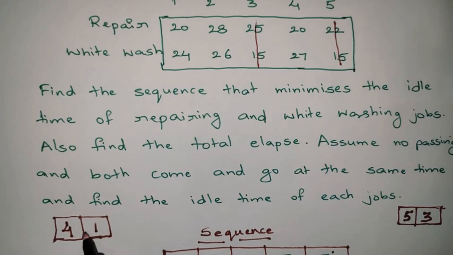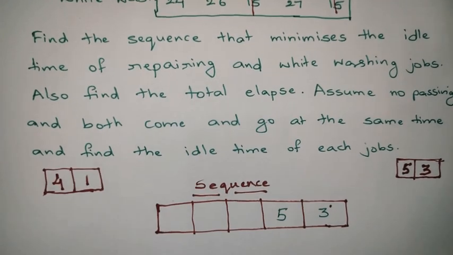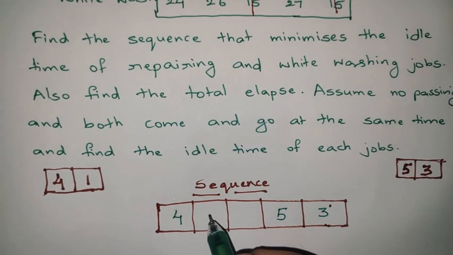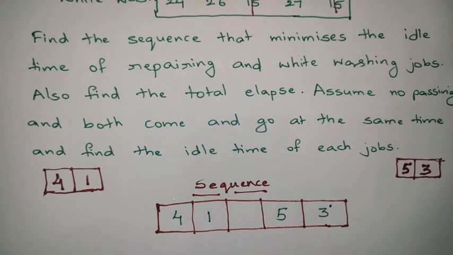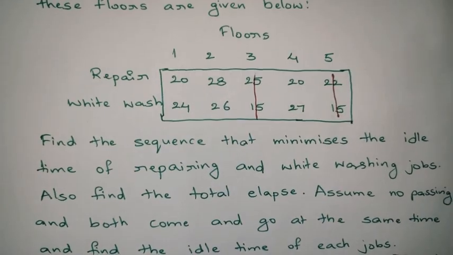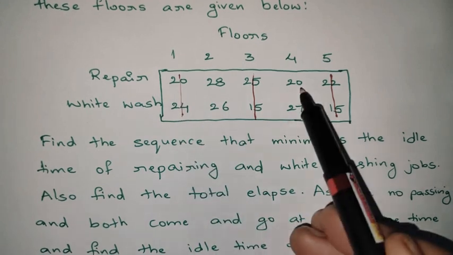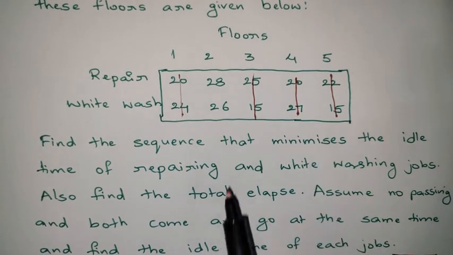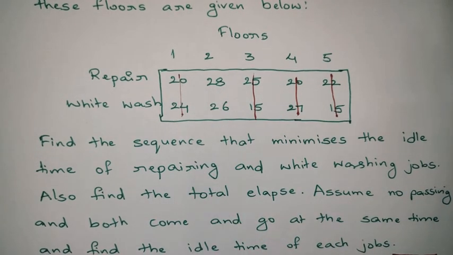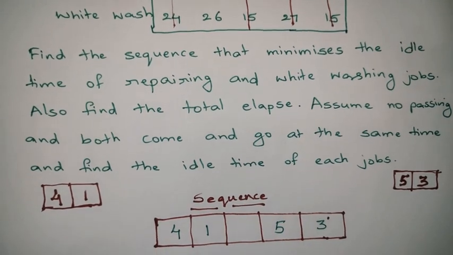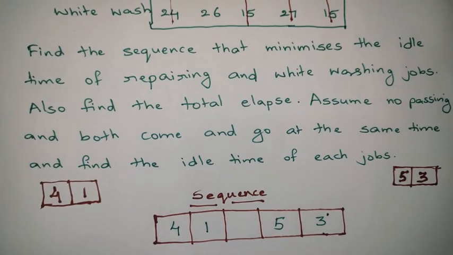Now represent this 4 1 exactly here. Then you will get 4 1. Next, now strike off 1 and 4. So now what is the remaining floor? 2. So take that one, 2.